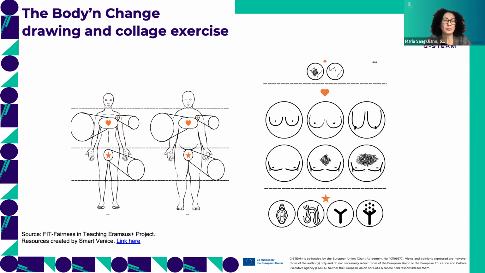For pre-adolescent pupils, the game is divided in three main phases. After having printed the set of materials and after having distributed it to pupils, they color their self-image.